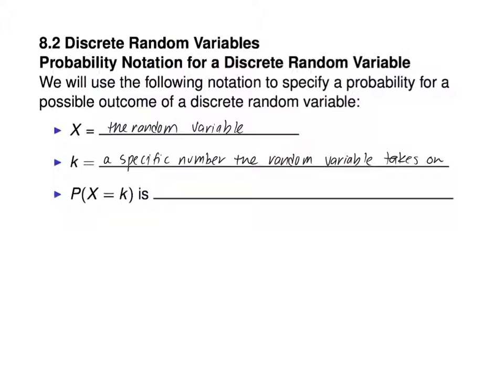So for the example about the blood I was talking about, we had a sample of 5 people, and the numbers that the variable can take on would have been 0, 1, 2, 3, 4, or 5. It's your list of numbers that can actually occur.